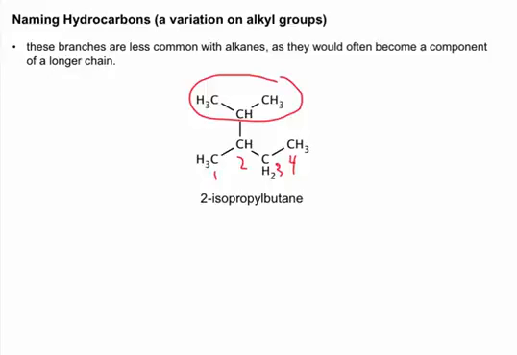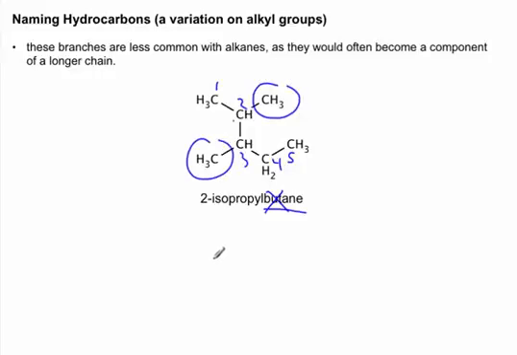But if I was to renumber that this way, let me just erase that, if I renumber it starting here, 1, 2, 3, 4, 5, I get a 5-carbon chain. And so it's not actually butane. Butane is incorrect. It's actually a pentane. And on carbon 2 and carbon 3, I have methyl groups.